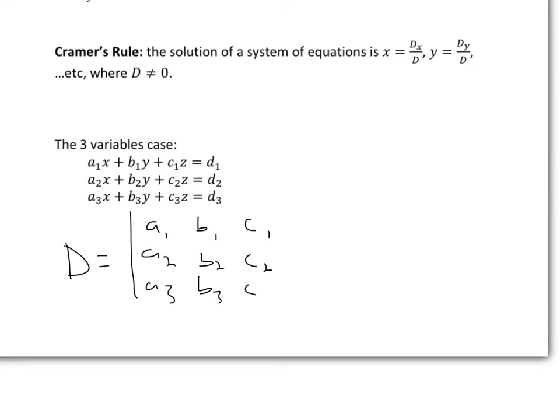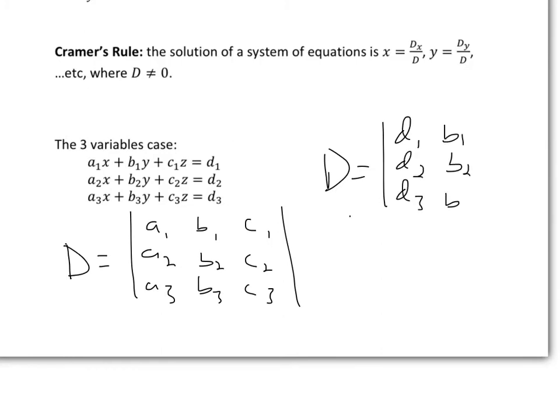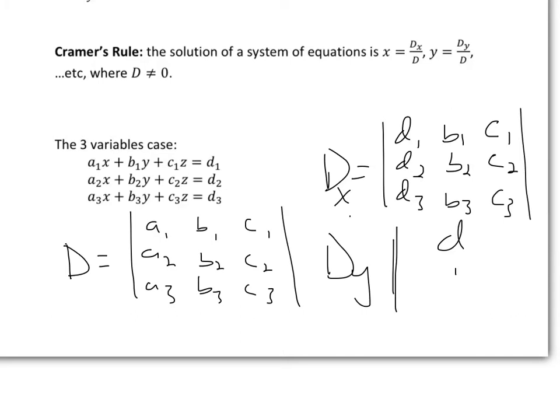And what's going to happen is, for dx, D1, D2, D3 is going to replace A. Just like that. Oops, sorry, that's dx. For dy, it's going to replace the second column. So this is going to be where the d1, d2, d3 are. And these are going to be the c's still, and those are going to be the a's still. And dz is obviously going to take the third column.